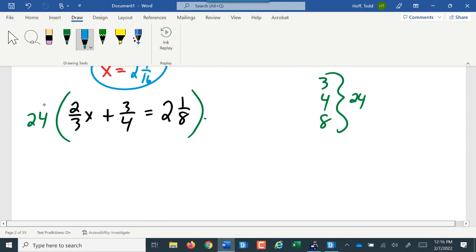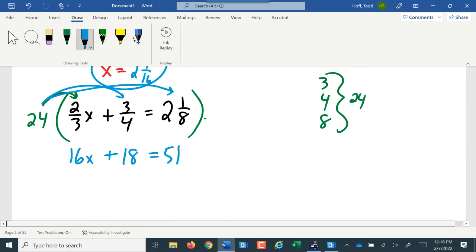Let's do that. 24 times 2/3 x, 16x. 24 times 3/4. 24 times 2 and 1/8 is 51.